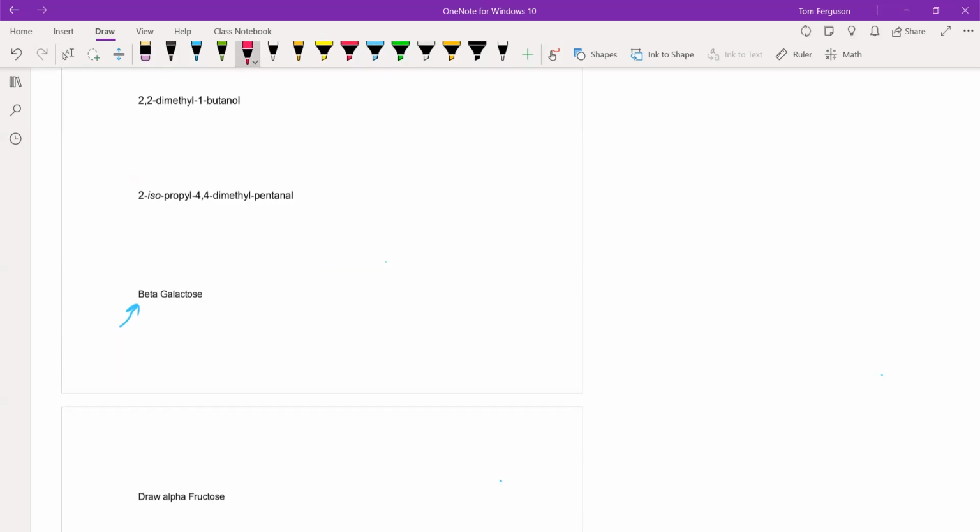Galactose. Okay, and it's in the beta form. Means the OH goes up. Okay, and then we have the anomeric carbon, carbon number 1.